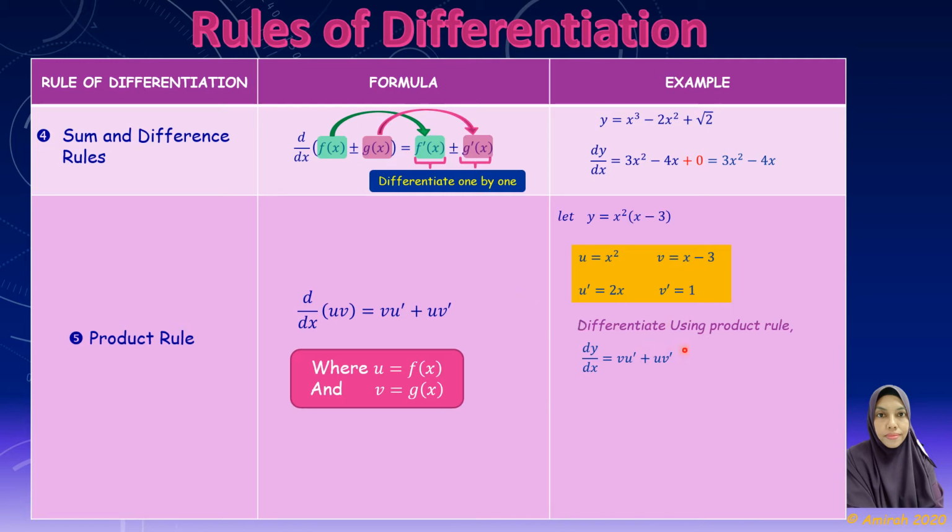Then we can differentiate using product rule. First, we write the formula of product rule, dy over dx equals vu prime plus uv prime. When we differentiate, we just substitute v and u prime into this formula, and then in between is plus, and then we substitute u and v prime into this formula.